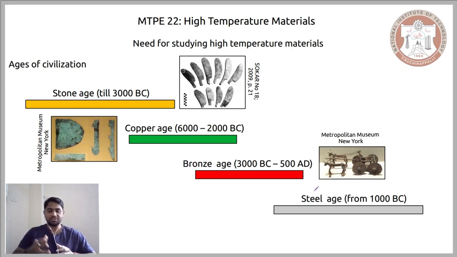The techniques that were used were not unique to the particular material, although in some sense it could have been, but generally speaking, the techniques used to process copper in that age were similar to that of gold or any other materials that people used in that age, and that is the reason why we get the name copper age, and the same goes for bronze and steel age.